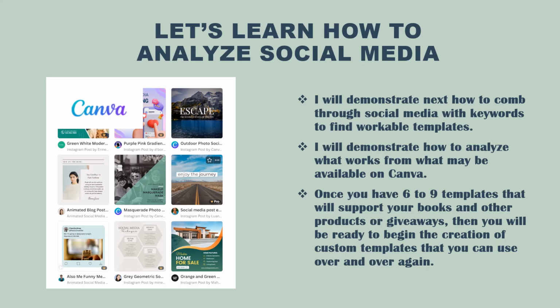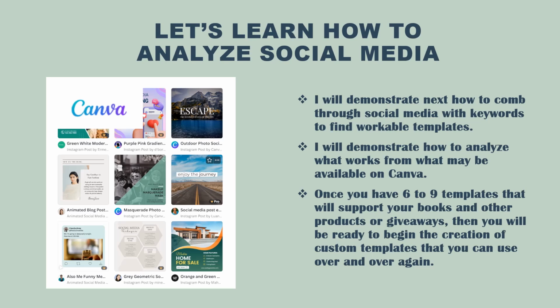Based on your book genre and your planned line of products and or giveaways, you will want to find what kind of post will work for you. Most newbies start with finding a template, and that's where it can get frustrating. I will show you in the next video how to analyze social media for what you need and what will work. You will see that Canva is a place for beautiful templates, but it may not be the best place for realistic templates.